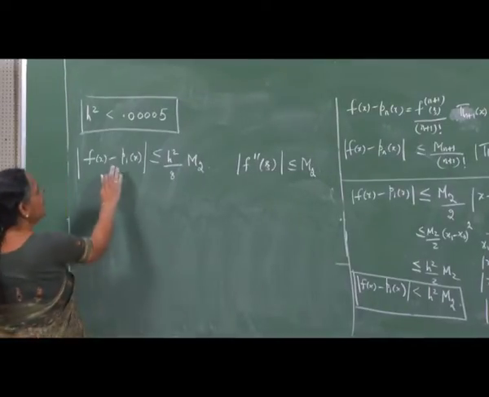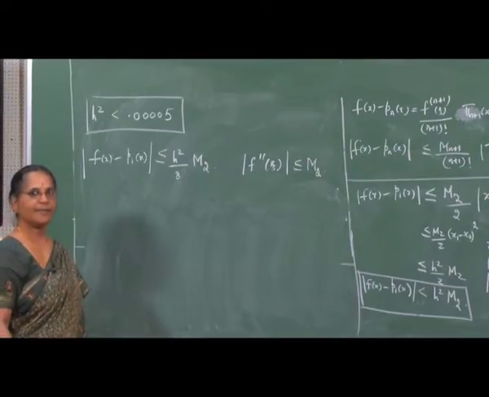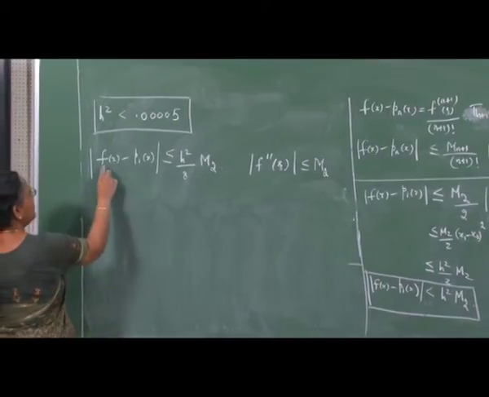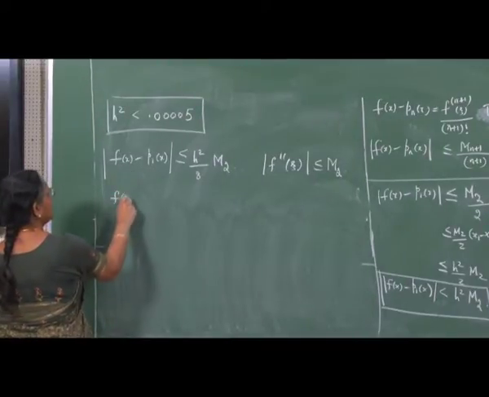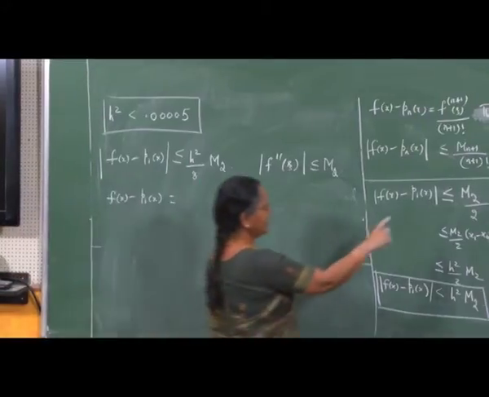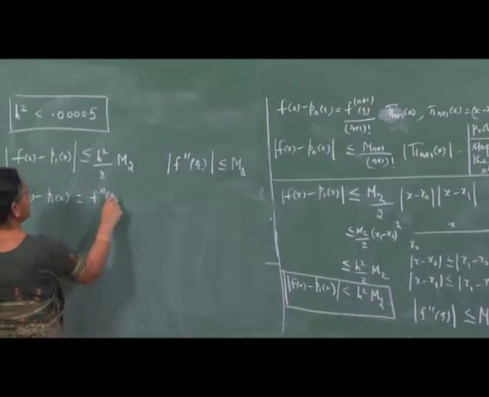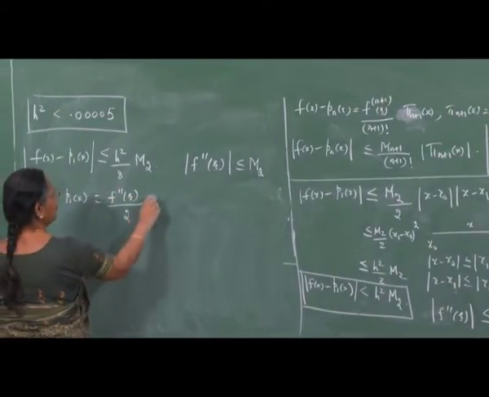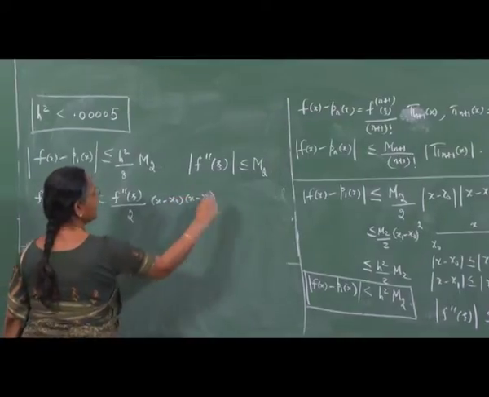So, let us prove this result in the case of linear interpolation. What do we know about f of x minus p1 of x? We already have worked out the details. That is going to be f double dash of psi by factorial 2 into x minus x naught into x minus x1.